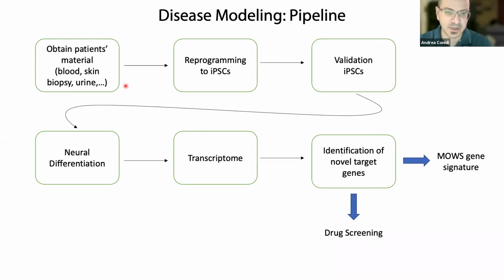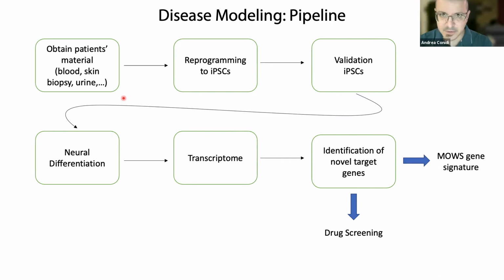And this will also allow us to eventually in the future perform a drug screening to target these genes, either to restore their level, basically to rebalance their activity or their level in the cells. And hopefully also in the patients later, so that you can ameliorate, you cannot cure Mowat-Wilson, of course, but you can ameliorate some defects. And that's our main goal.